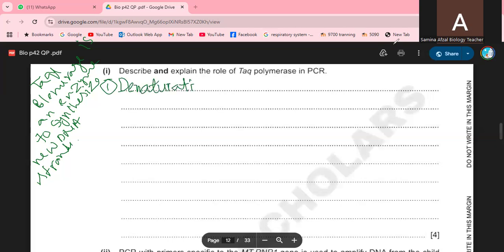In polymerase chain reaction, the denaturation is the PCR process which begins with heating the DNA sample to a high temperature.